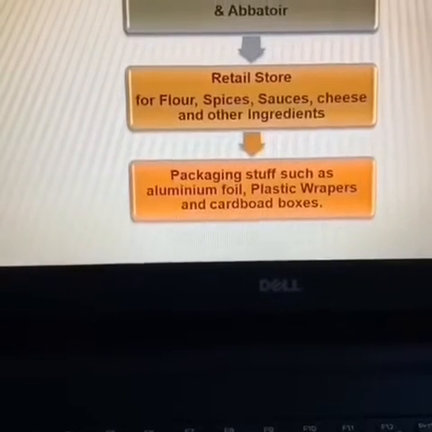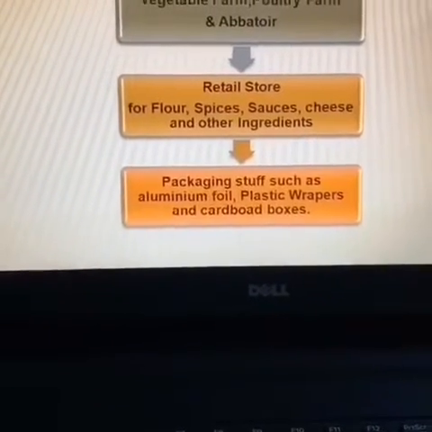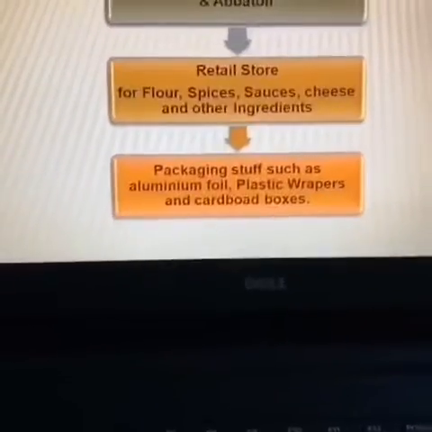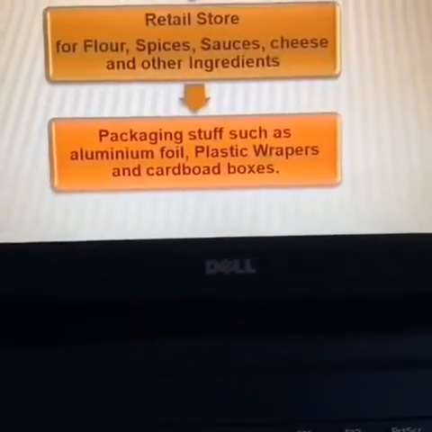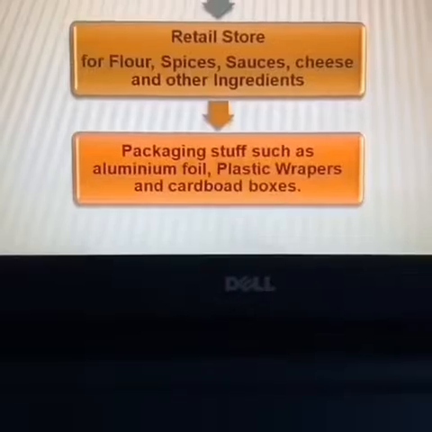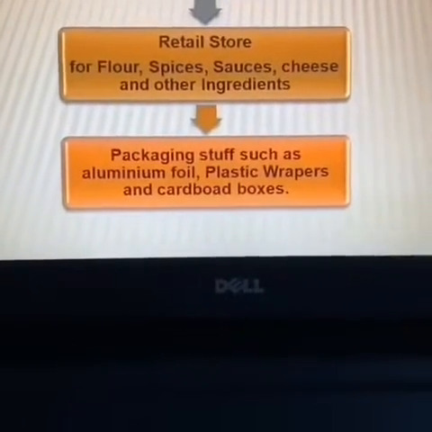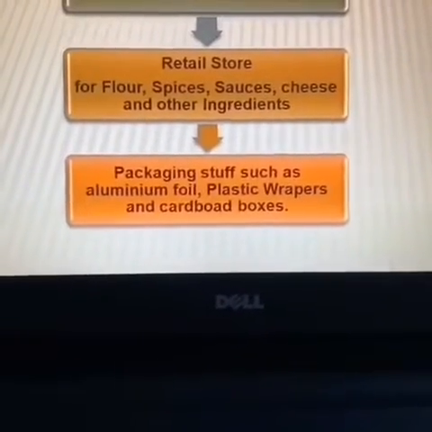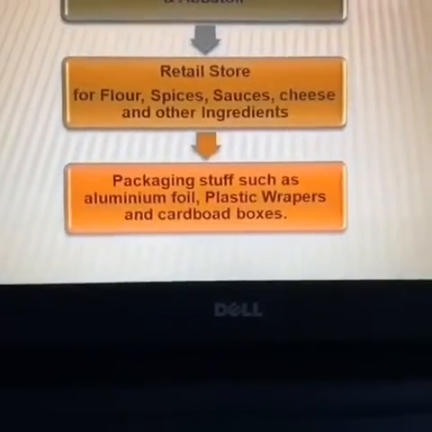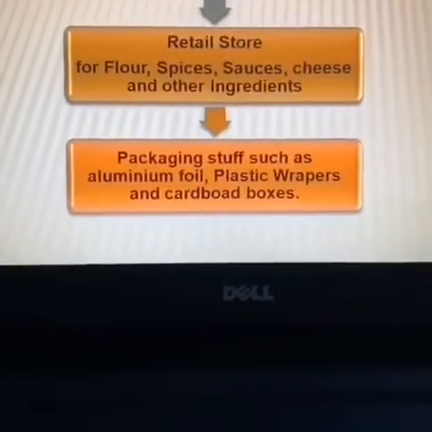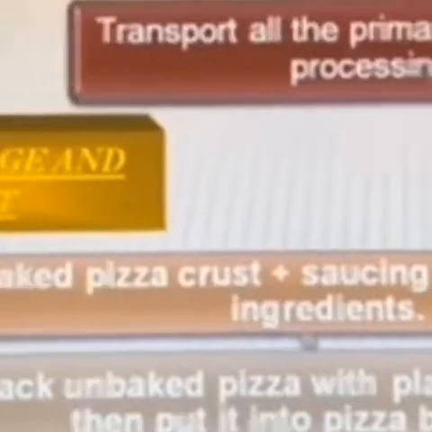For spices, flour, sauce, cheese, and other ingredients, we will check with retail stores. For packaging such as plastic wrappers, cardboard boxes, and aluminium foil, we will also check with retail stores.